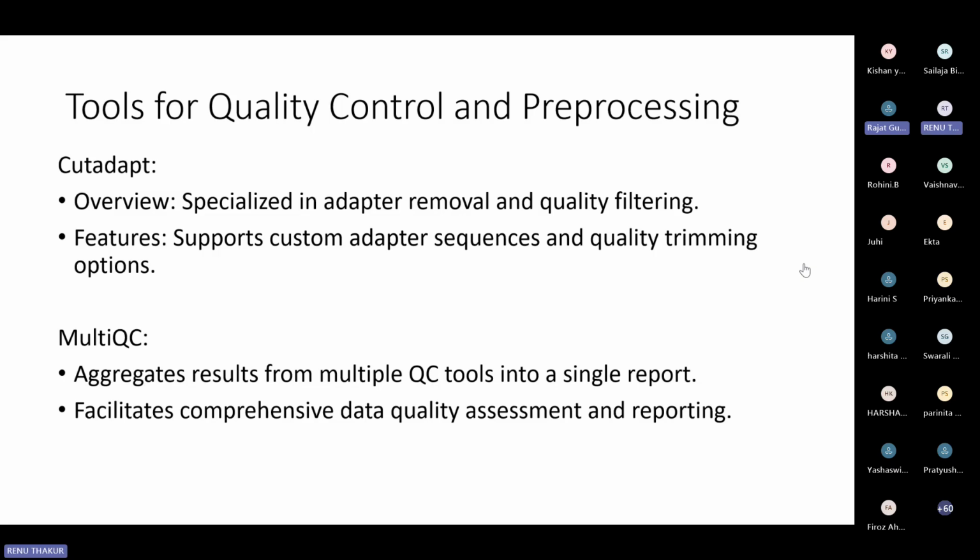Sir, I actually downloaded the Ubuntu and the FastQC file through Ubuntu, but I was unable to download the SRA file from NCBI. You're trying to download the SRA file instead of the FASTQ file? Sir, first it was recommended to download the SRA file, and then I saw on YouTube that you then convert the SRA file to FASTQ file.